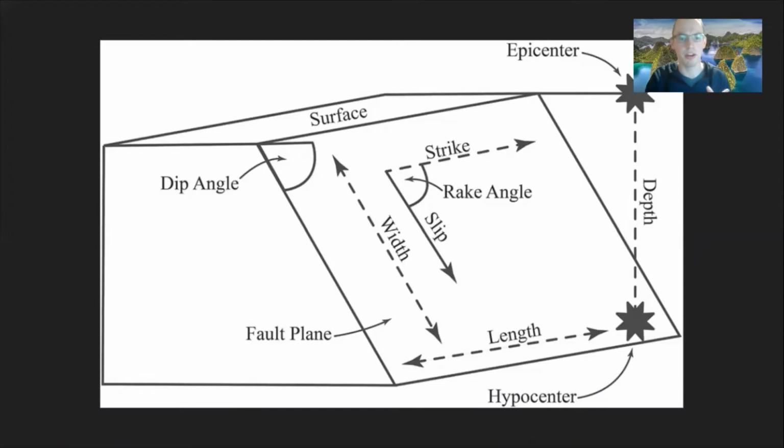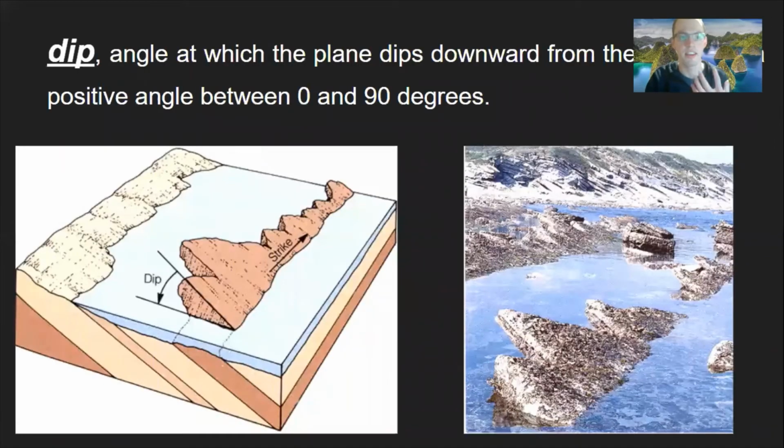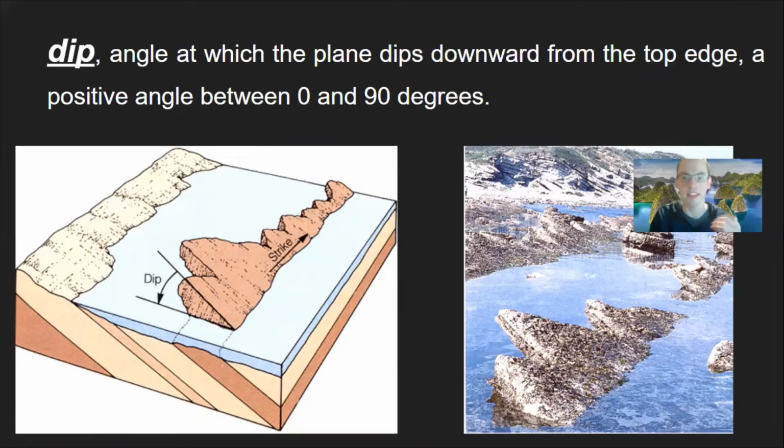The first thing that we're going to start with is what the dip angle is. When we talk about dip, this is the angle at which that fault plane dips downward from the top edge. And it's an angle that we are essentially bounding between 0 and 90 degrees.